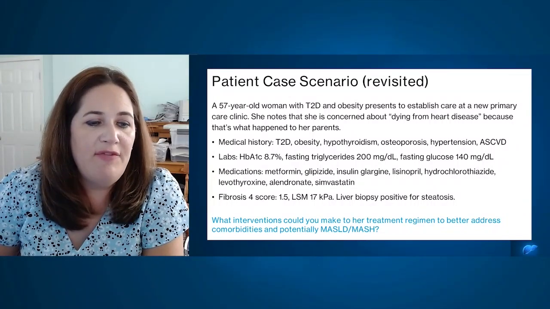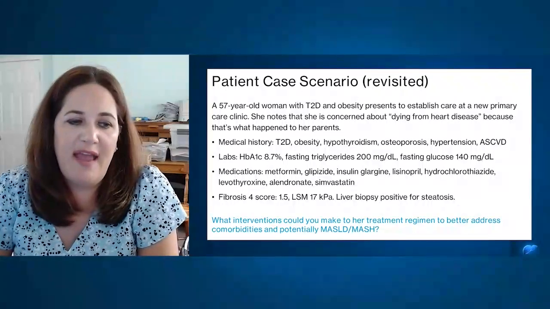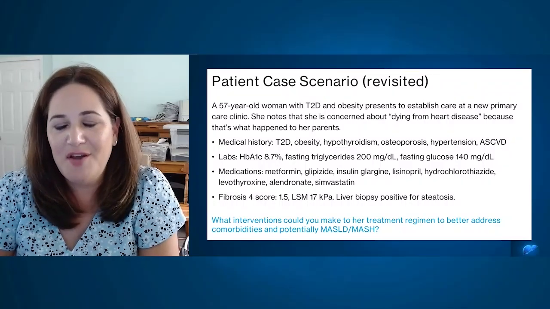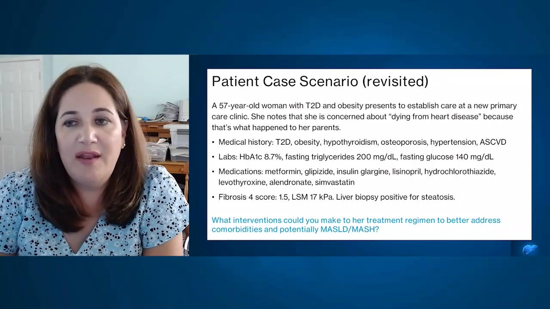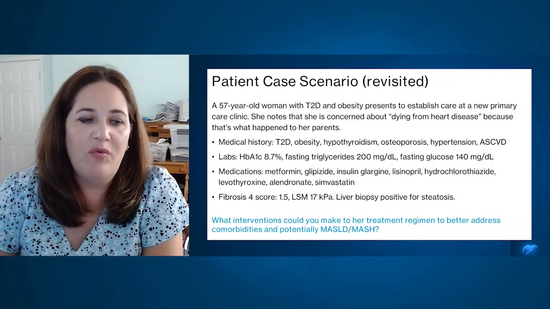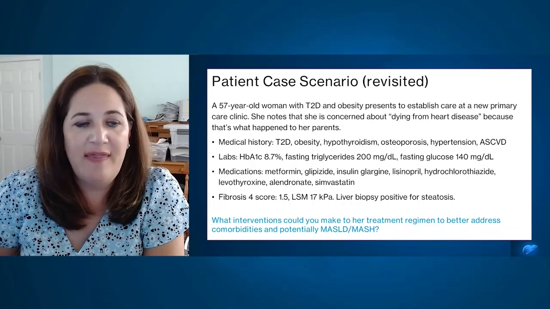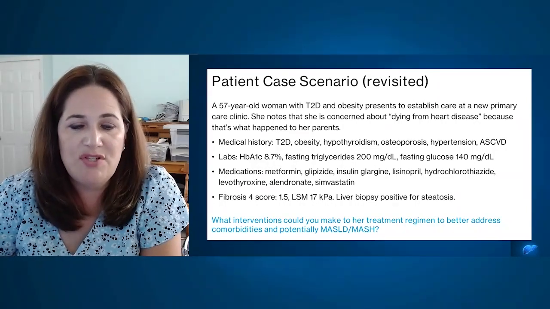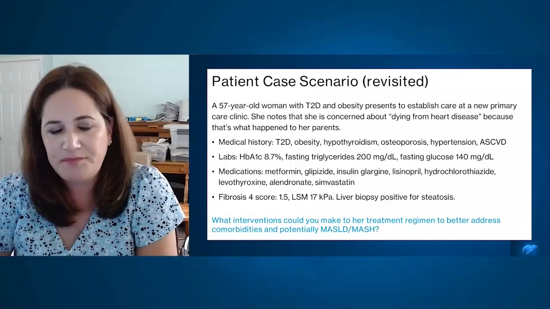And then if you notice here, her FIB-4 score is 1.5. Remember, to say that she doesn't have any liver steatosis going on, it would need to be less than 1.3. So it is greater than that, and so we definitely want to work this up further, and they did by getting the liver stiffness measurement, which does show that she has some degree of fibrosis.